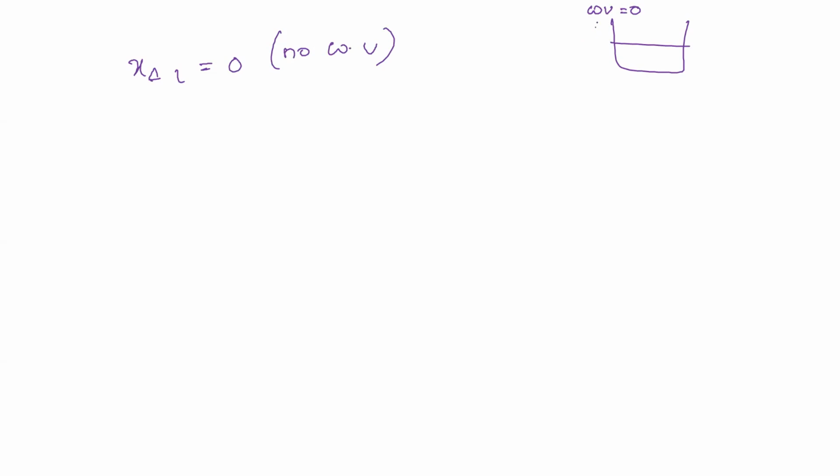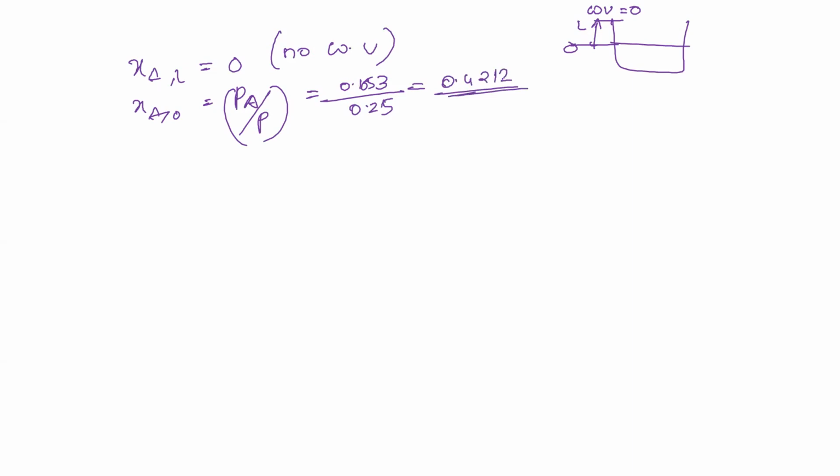So XAO will be equal to 0.153 by 0.25, that is, 1053 by 0.25, which is 0.4212, where PA is the saturation pressure for water at T equal to 320 Kelvin.